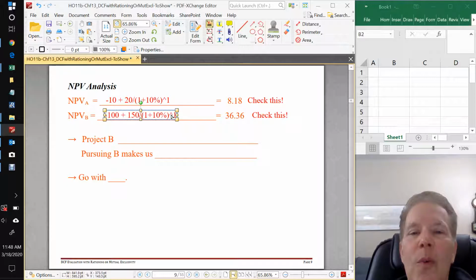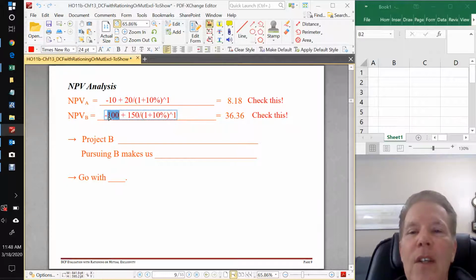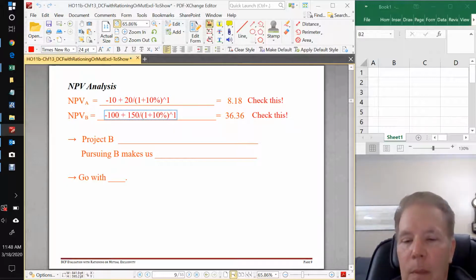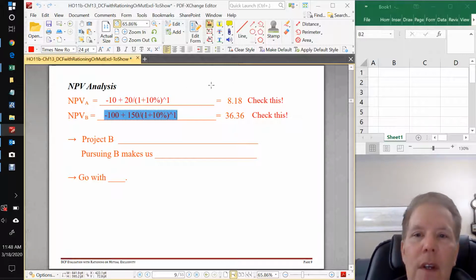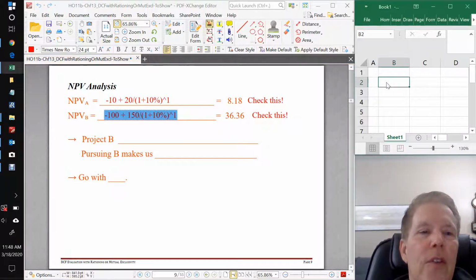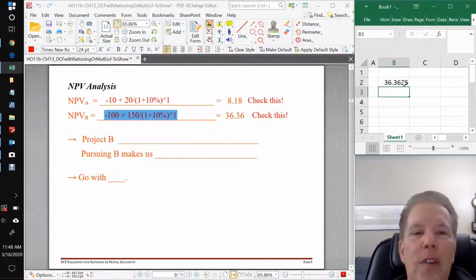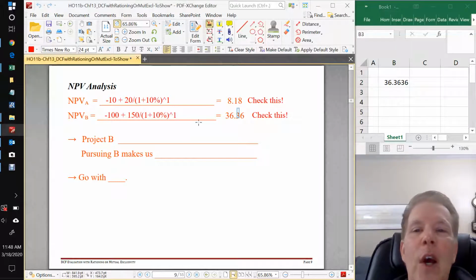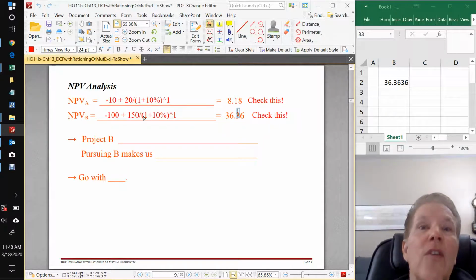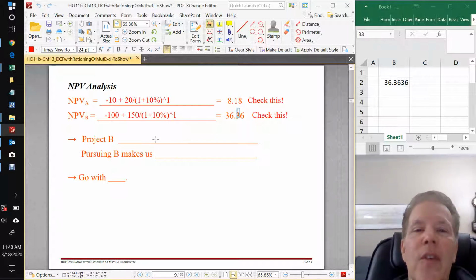So I'll do one for us in Excel just to convince you that it's true, it's really true. Okay, 36.36, same thing I got here. But what you need to do is make sure that you agree that this is the right equation and that this is the right answer. And you should do that for every numerical example that we do in class before you start on the homework, and definitely as part of your studying for exam 2.